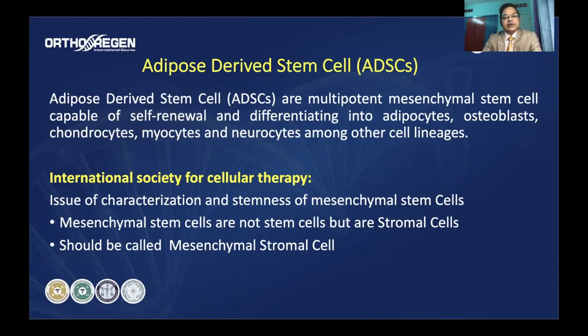According to them, the mesenchymal stem cell is actually not a stem cell. It's actually a stromal cell, which means stromal cells are the supporting connective tissue found in our body. And if a cell comes from that, then it's called a mesenchymal stromal cell.